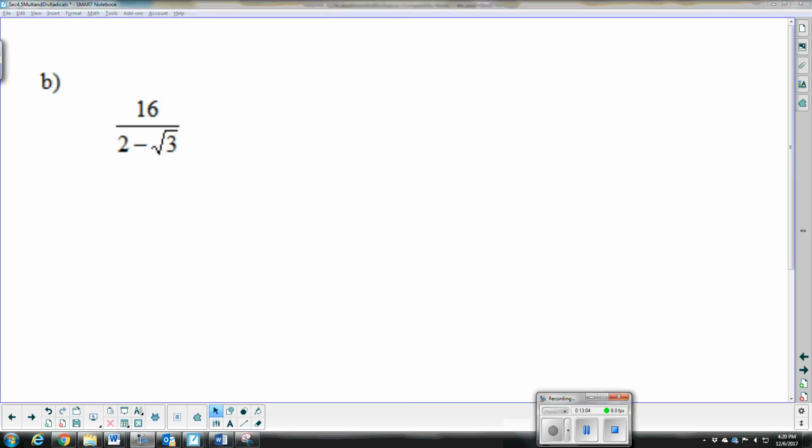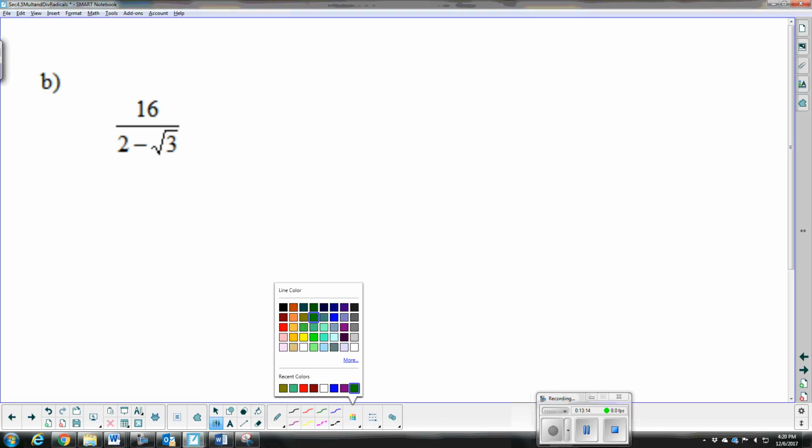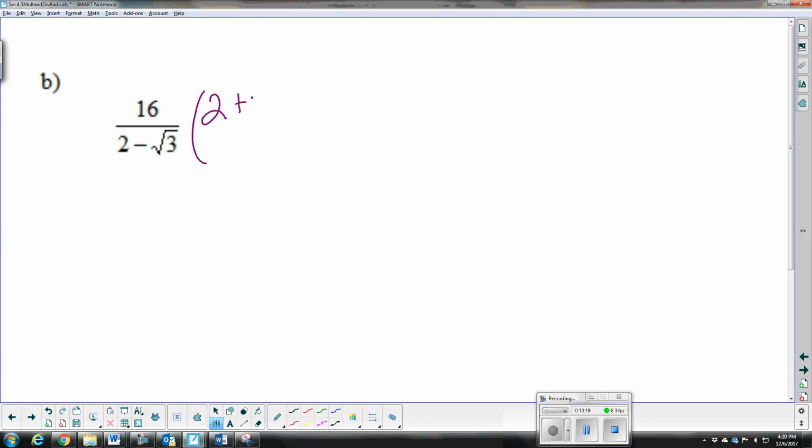Again, you have a sum or a difference in the denominator. So we need to multiply by the conjugate. So we're going to multiply by 1, but it's going to be in the form of the conjugate of the denominator. So we're going to multiply by 2 plus the square root of 3 over 2 plus the square root of 3.